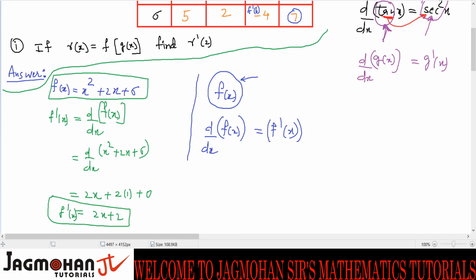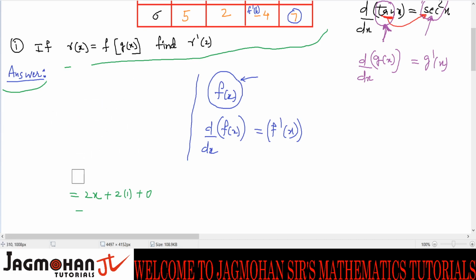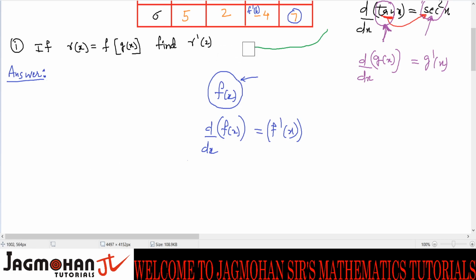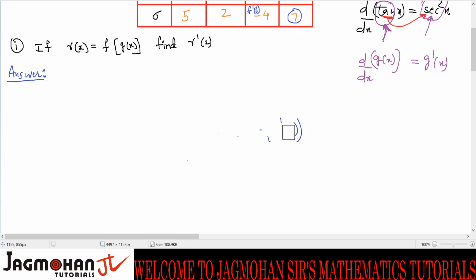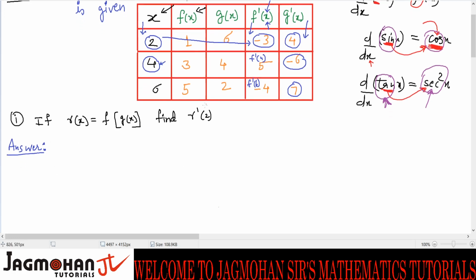So see, what is this question here? The question is, I am given this table, and the question is, if r of x is f of g of x, find out r dash 2.